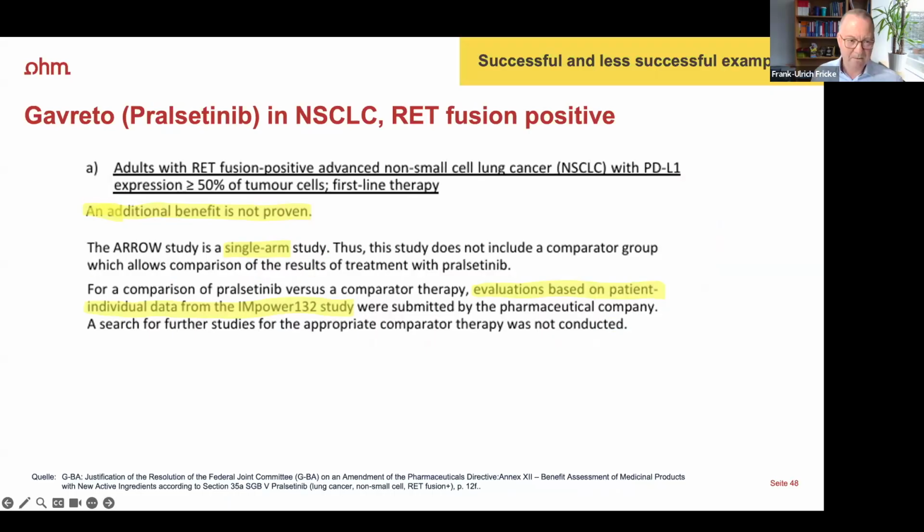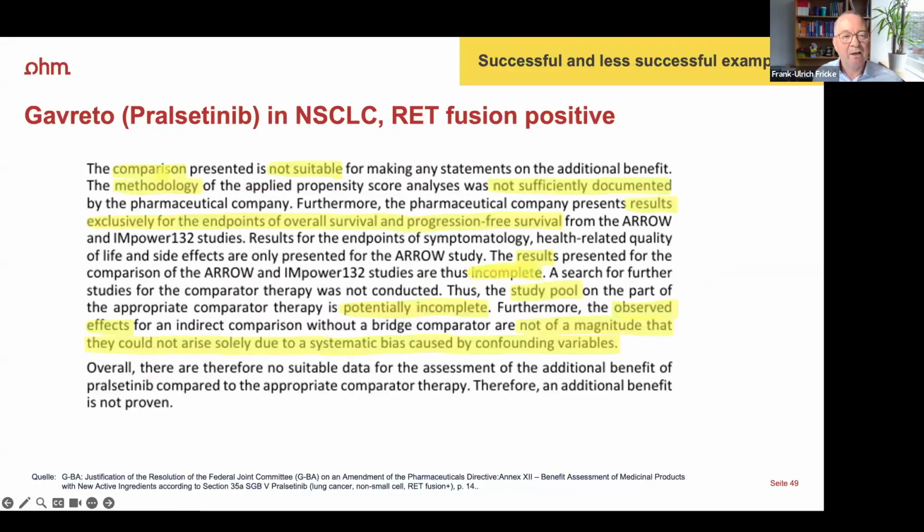Now, the reasoning was comparison not suitable, and that's important for any dossier submission. Methodology needs to be sufficiently documented, and that was not the case here, or at least the GBA came to the conclusion that was not the case here.